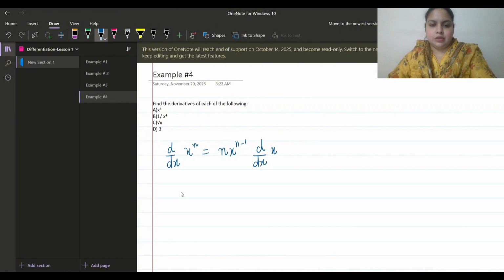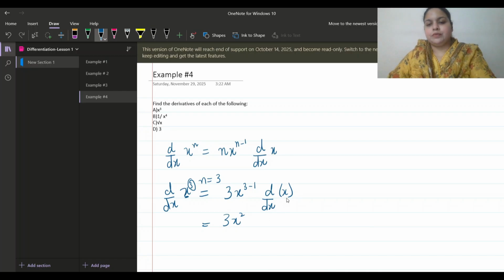For example, I have the question x cubed. I need to find its derivative. So what is n here? 3. So according to the formula, 3 will come down, x to the power 3 minus 1, d upon dx of only this base value, which is x. It will be 3x squared, and when you are differentiating the variable with itself, the answer is always 1.